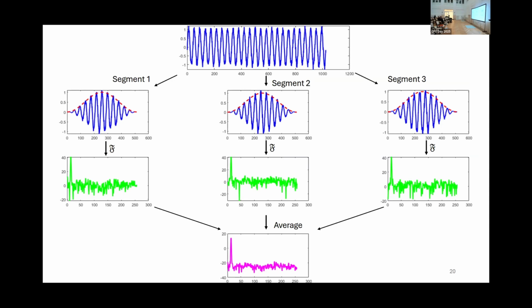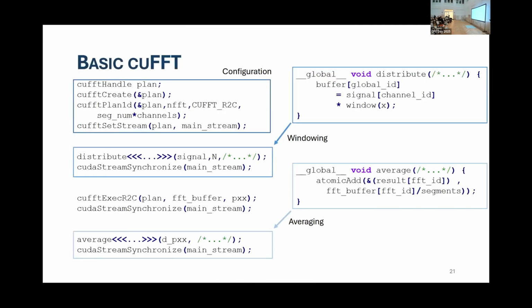Now, this is a point where we actually need the Fourier transform, and of course, many operations are needed before and after. In theory, it could be done with device callbacks, but for reasons, i.e., it is very hard to do reduction in cuFFTDx callbacks, I chose this DX implementation. Now, the naive cuFFT would look like this. We create a plan, we call a distribution kernel, which splits the data and does the windowing.